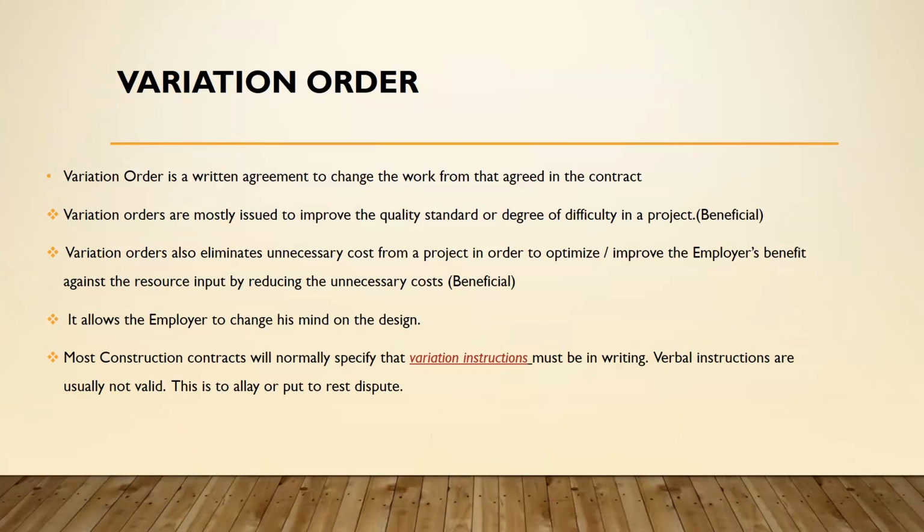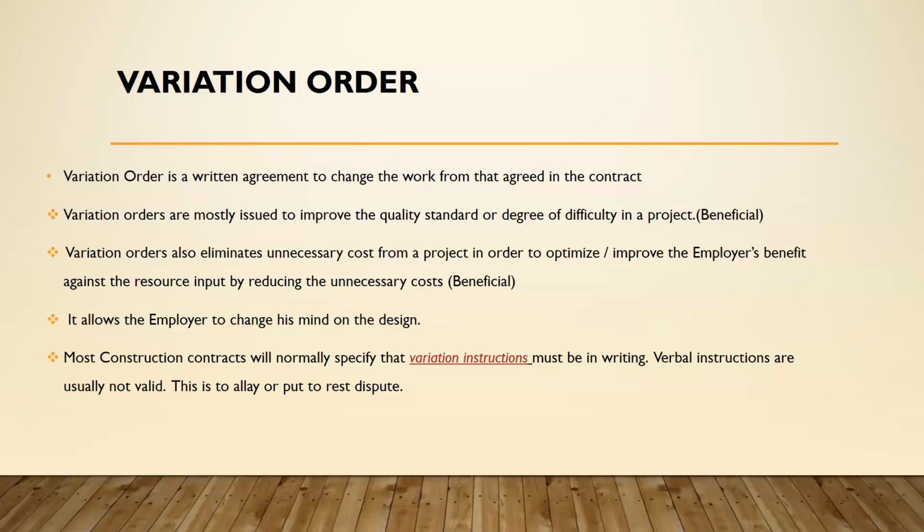Variation orders also eliminate unnecessary costs from a project in order to optimize or improve the employer's benefit against the resource input by reducing the unnecessary cost. So this makes it beneficial when there is the need to eliminate unnecessary cost from a project; we issue variation to that effect. It also allows the employer to change his mind on the design.